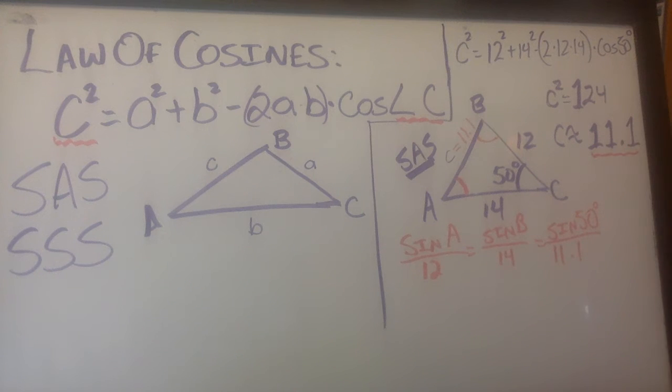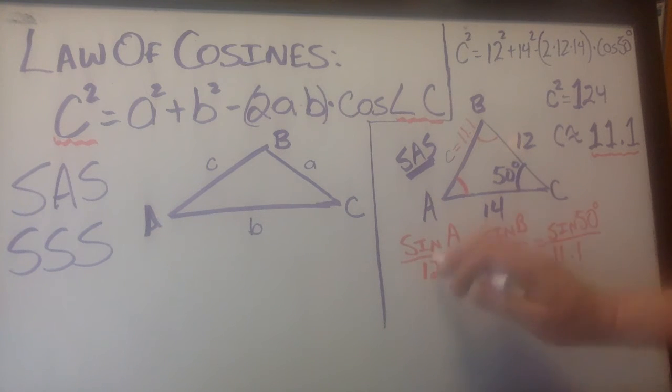Now, here's a hint, and it's kind of complicated why this happens. If there's an obtuse angle, you are not actually going to find it using the math. That's a long story, and I wish I had time in class to do it. I might make another video for you if you want to learn why. So here's what I recommend. You see this 12 is smaller than the 14.